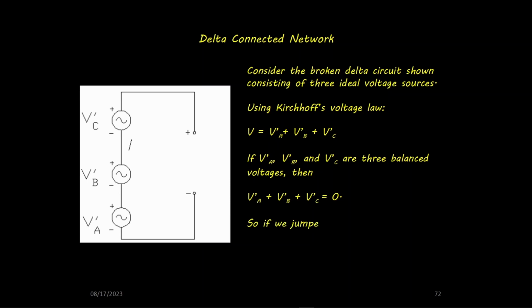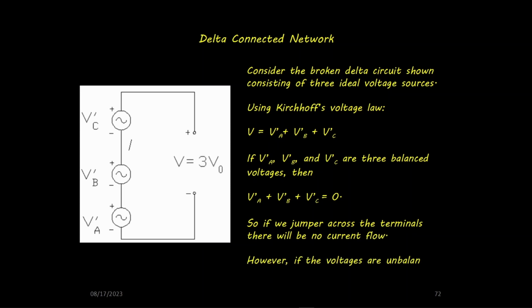So if we jumper across the terminals there will be no current flow. However, if the voltages are unbalanced, using the fundamental equation for V0, a non-zero voltage V equals 3V0 will be developed across the terminals.